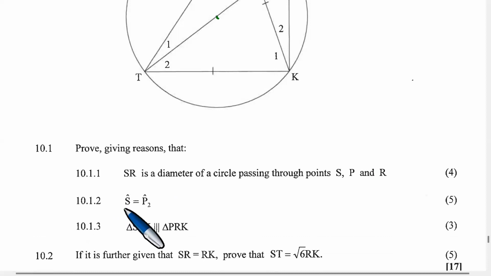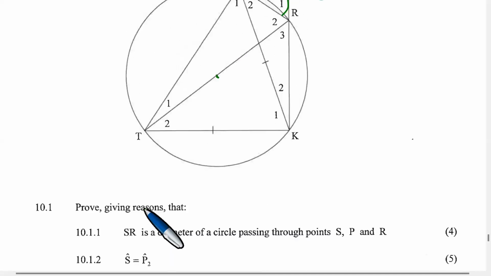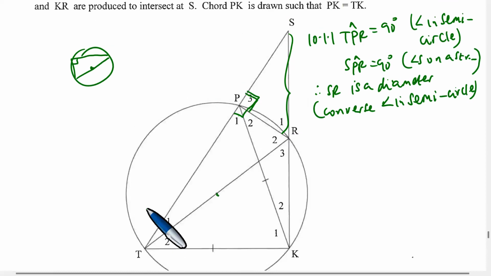Next is 10.1.2, you need to prove that angle S is equal to angle P2.